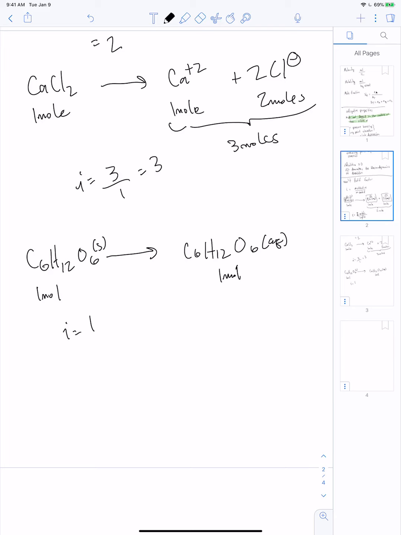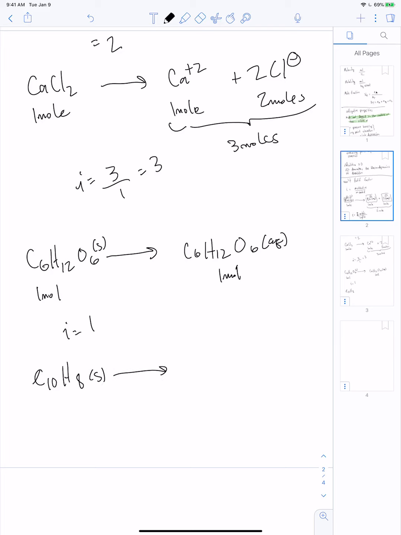I'm trying to think of other ones, like an organic compound. Let me look up the molecular formula for naphthalene so I don't have to draw it out and count. So if you've got something like naphthalene, which is C10H8, and that's a solid.